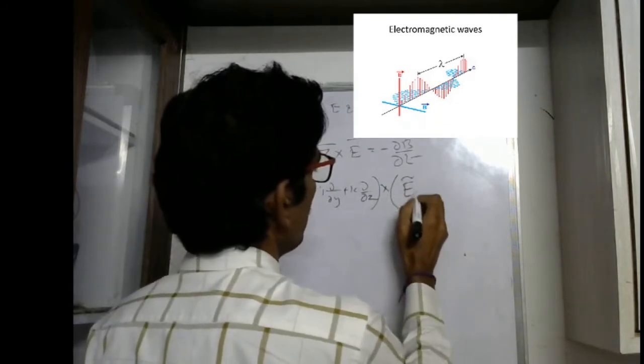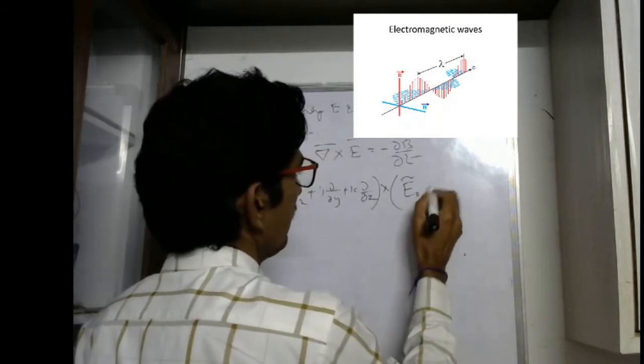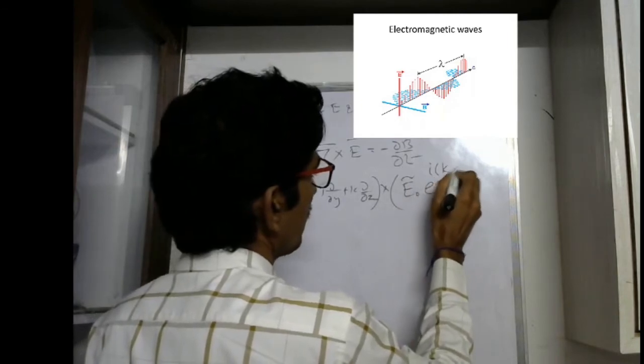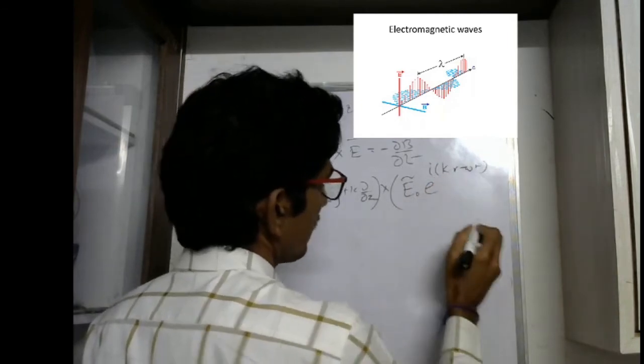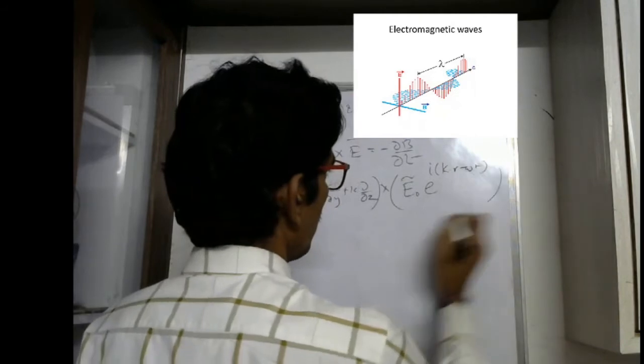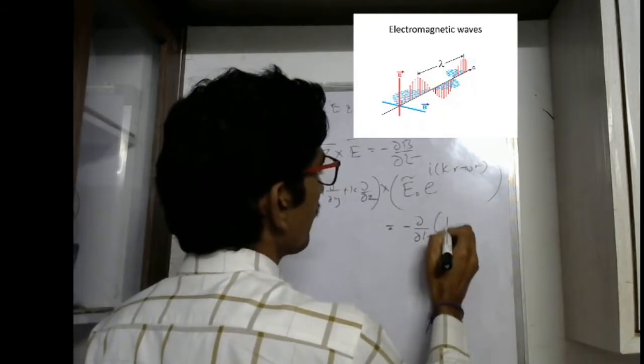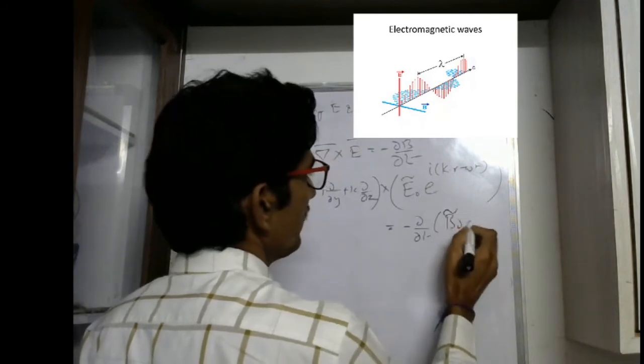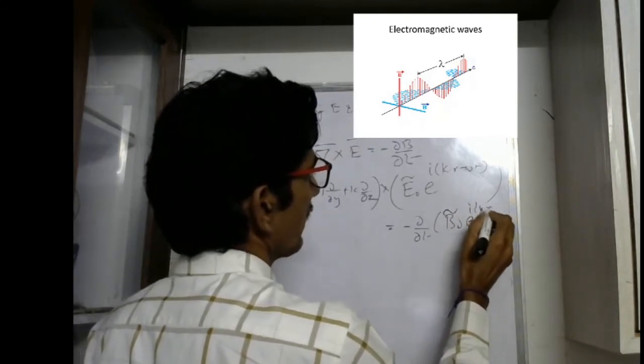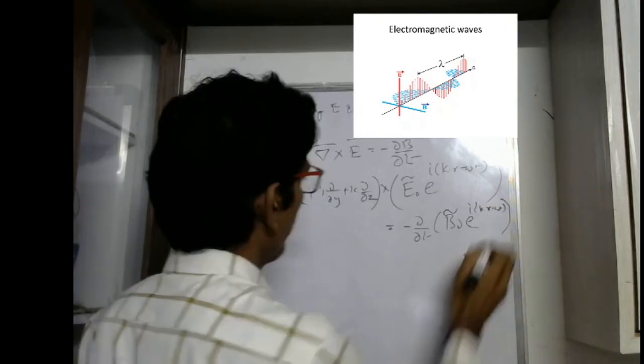You have E naught tilde, e to the power of i, k dot r minus omega t. On this side you have minus dou by dou t of a similar expression for B, e to the power of i, k dot r minus omega t.